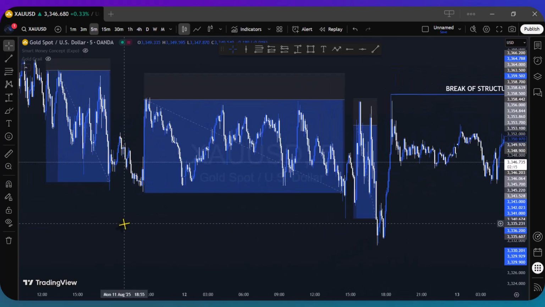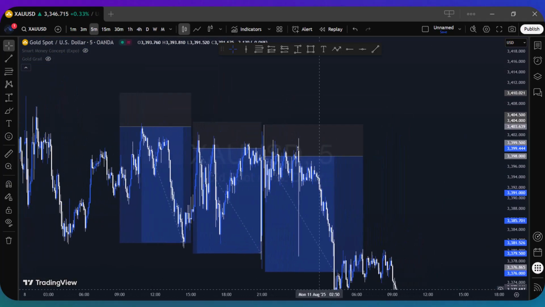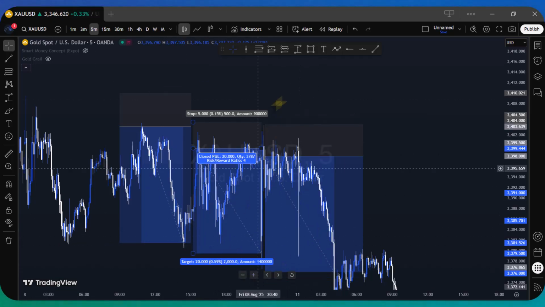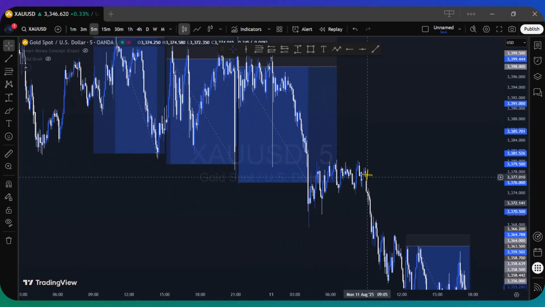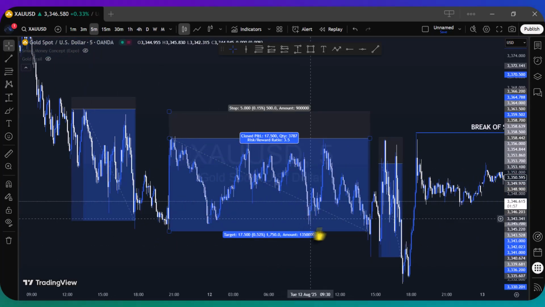So you can see that. Then last week Friday as well, price was just consolidating up and down, up and down, before breaking and then coming back, then going again. It started consolidating again.